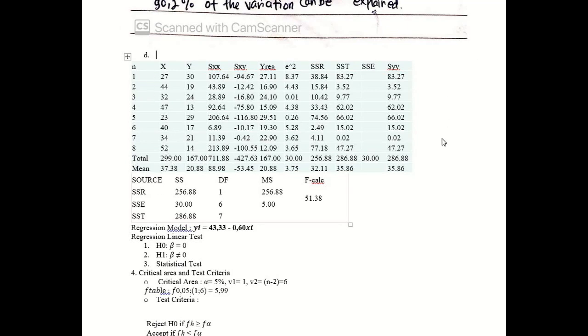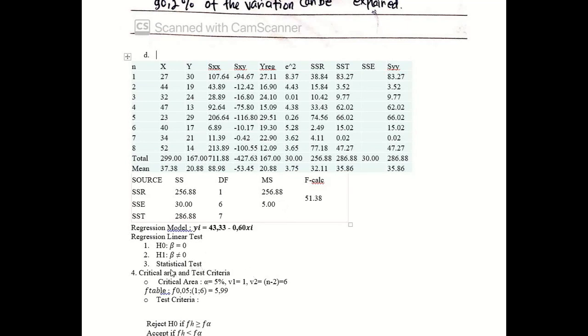This is the total of all the data, and we also get the mean of each. Then we build the ANOVA table with the sources SSR, SSE, SST, and MS. We get SSR of 156.88 and so on for SSE, SST, and MS. For the F calculation we get 51.83.